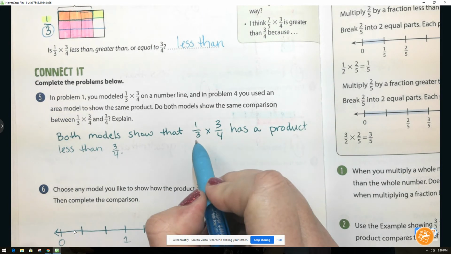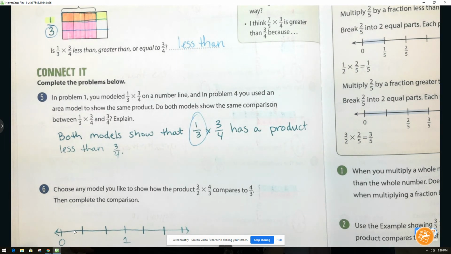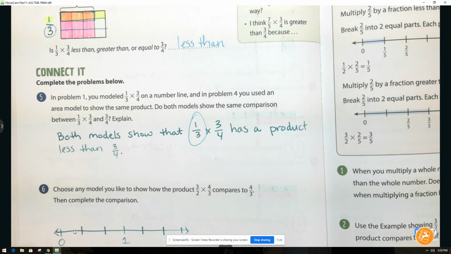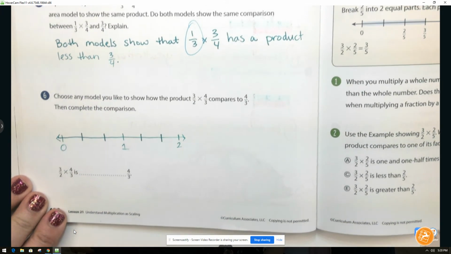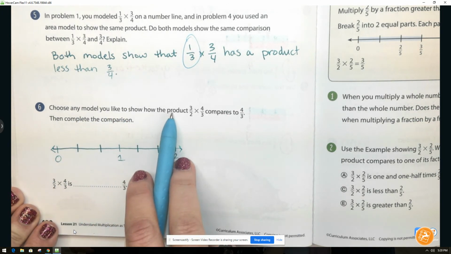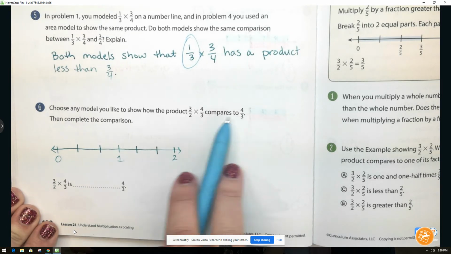Why? Because we're multiplying by a factor of less than 1. Since we're multiplying by a factor less than 1, we will get a product that is less than the other factor. Let's go to number 6. Number 6 says: choose any model you like to show how the product 3/2 times 4/3 compares to 4/3.